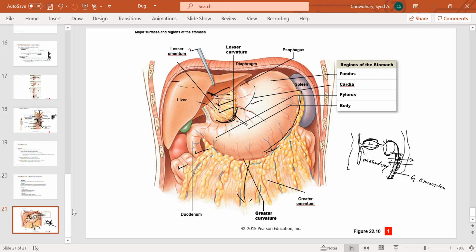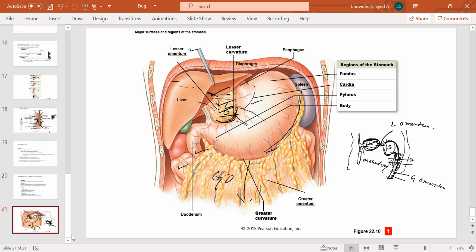So this is the liver and the connective tissue membrane that is going from the liver to the stomach. This is called the lesser omentum, and then it goes to the other side of the stomach and drapes down, that's the greater omentum. So this is the greater omentum and this is the lesser omentum.